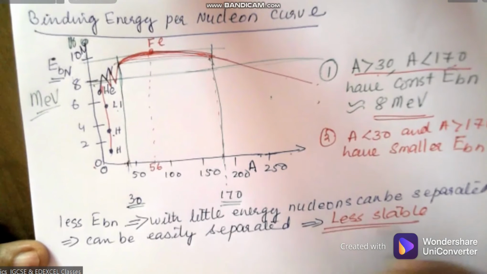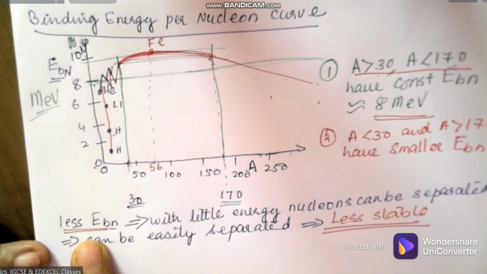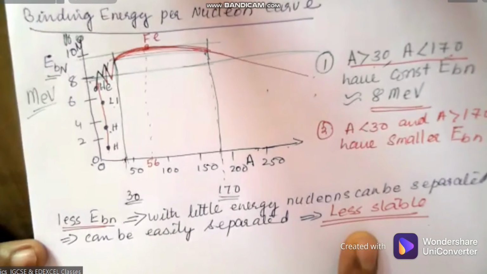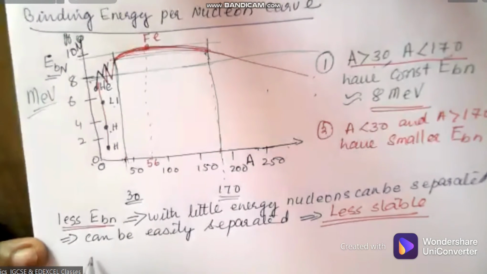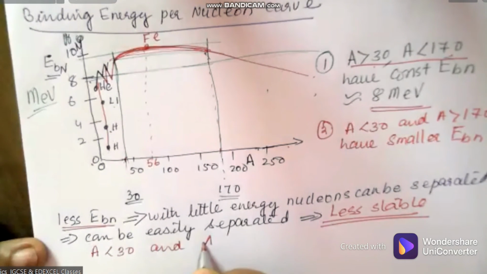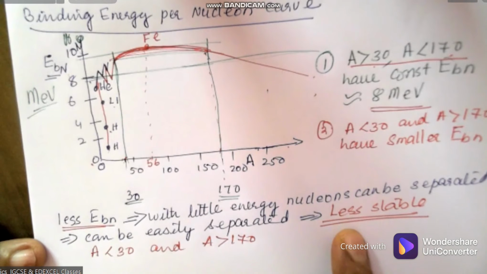Okay, so this is the direct consequence. Less binding energy means less stable. So which are the elements less stable? Elements with the mass number less than 30 and elements with mass number greater than 170. So these are two sections which are less stable.